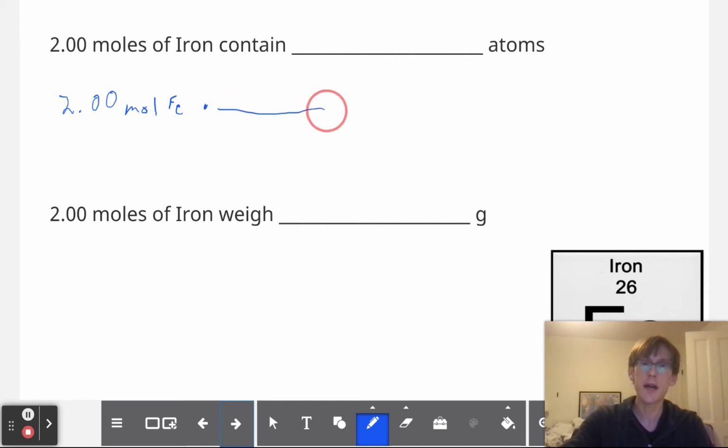Every time, our conversion factor needs the units of whatever you started with to be in the bottom. So this is going to be moles of Fe, and you can see that they cancel out. And on the top is whatever we're trying to find. Now, what we're trying to find is atoms, and it's specifically atoms of iron.